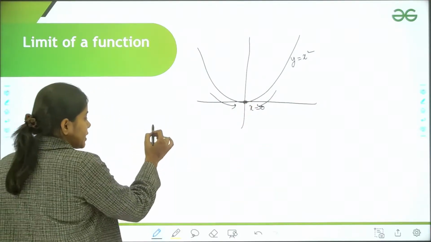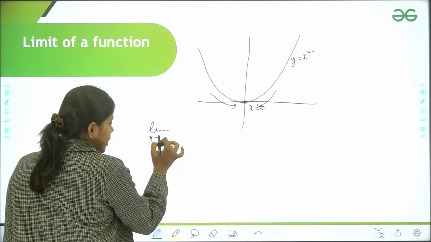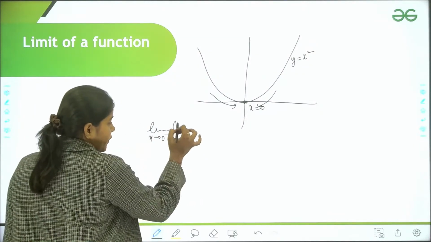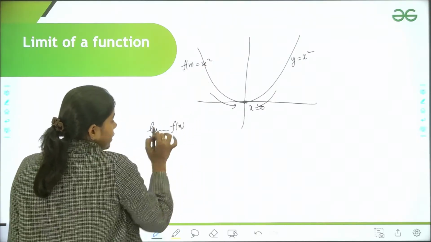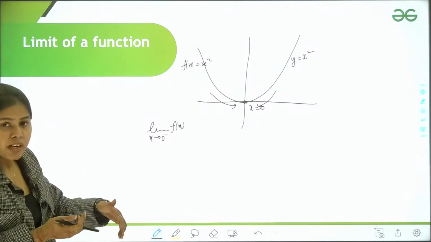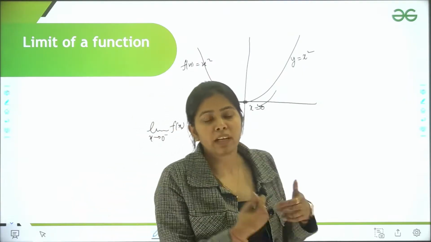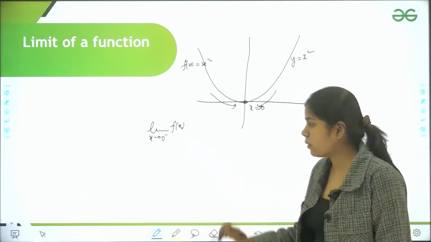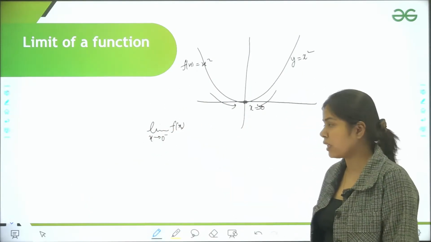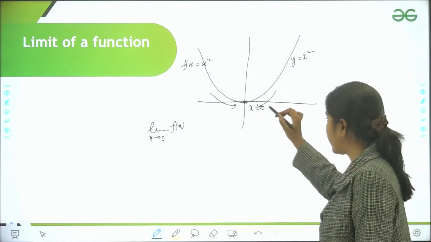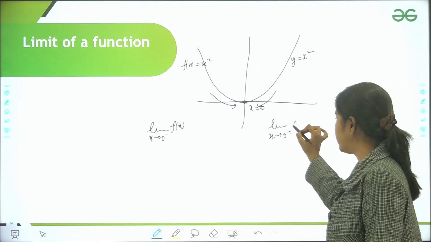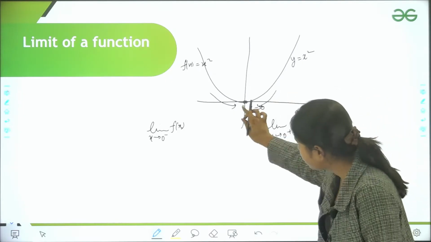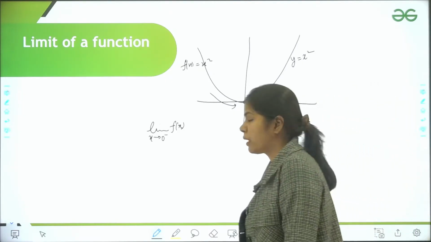And I'll write this as limit x approaches 0 negative f(x), where f(x) is equal to x square. 0 negative means I am trying to approach x equal to 0 from the left hand side, right? If I want the limit x tends to 0 positive f(x), that means I am trying to approach x equal to 0 from the right hand side.